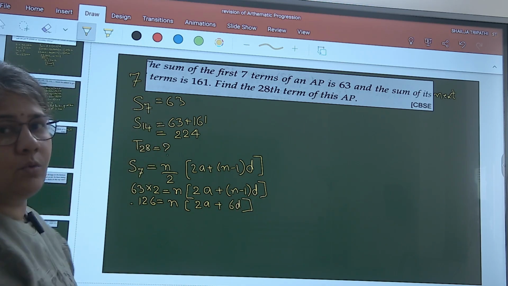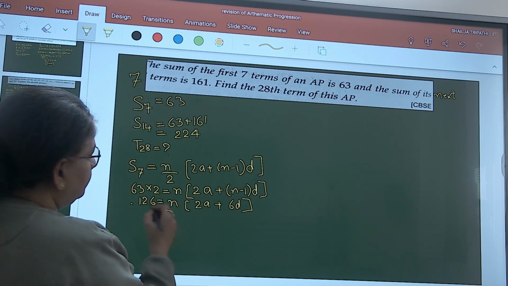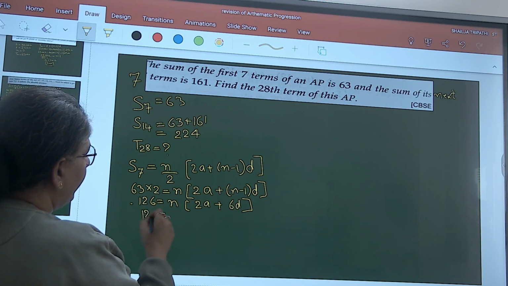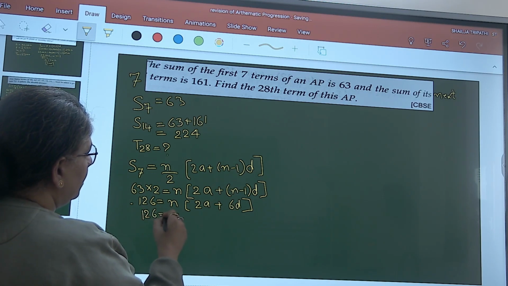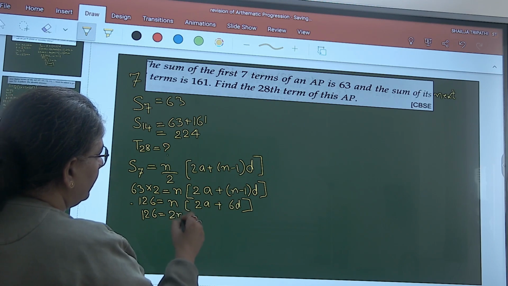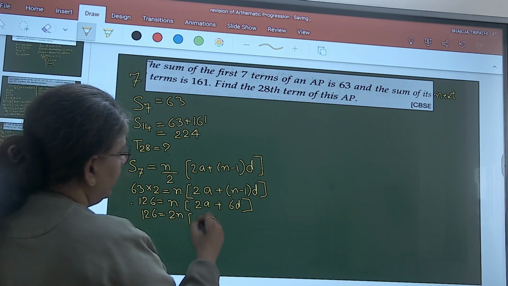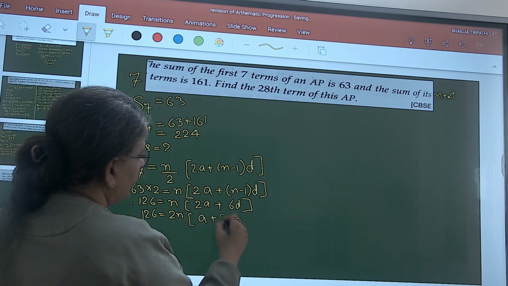Again we can take 2 common. 126 is equal to twice n into a plus 3d.